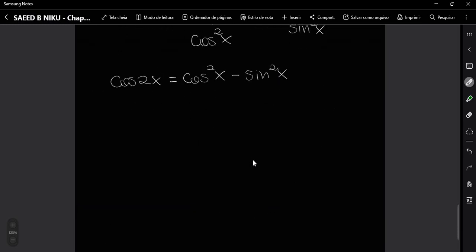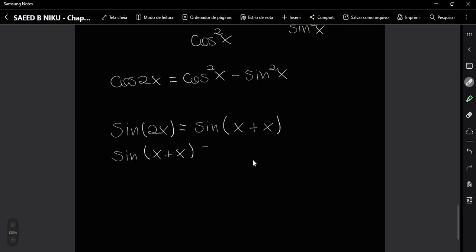And also recall the identity for summing up angles of arcs using the sine function. So let me just be quick right here. So we can write that sine of 2x, again just using the algebra, is the same as sine of x plus x, and now switching the sides of this fraction.